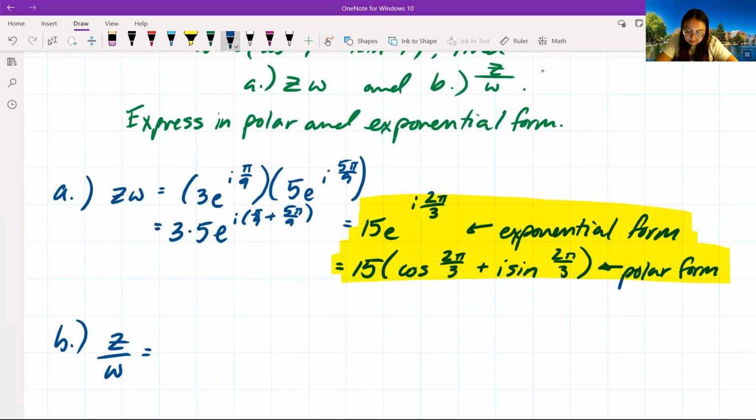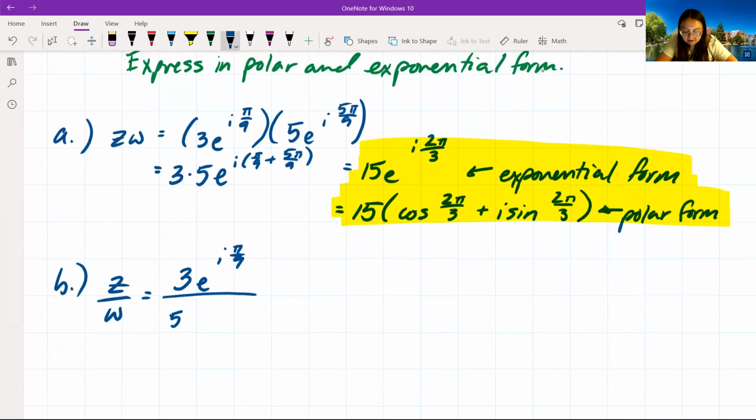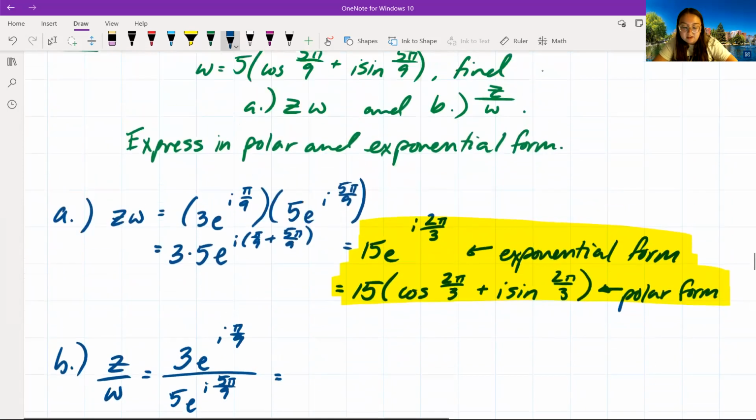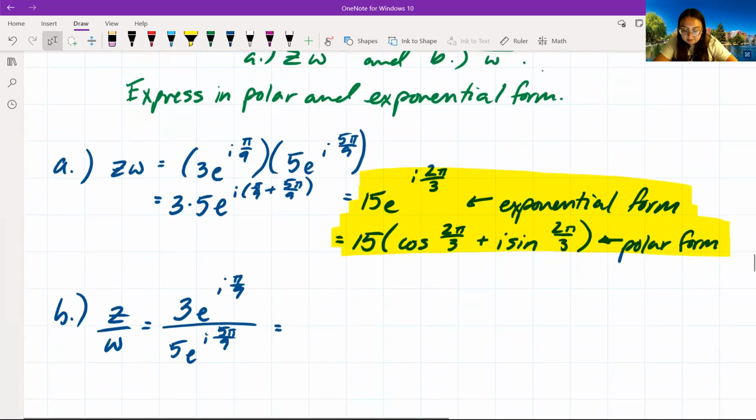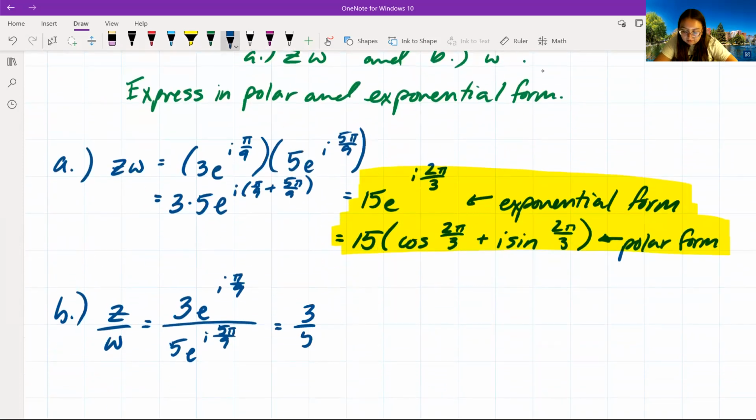So we end up getting 3 times e to the power of i times pi over 9, all divided by 5 e to the power of i times 5 pi over 9. Then we end up with our r1 divided by r2, so we end up with 3 divided by 5 all times e to the power of i times the difference between theta 1 and theta 2.